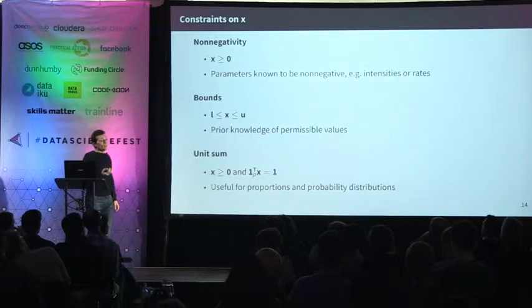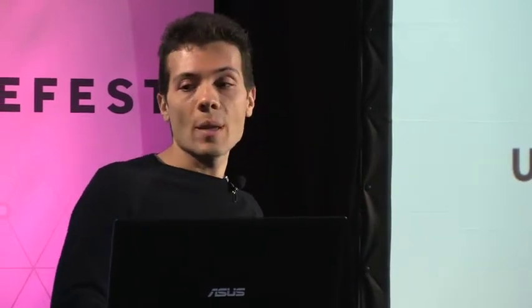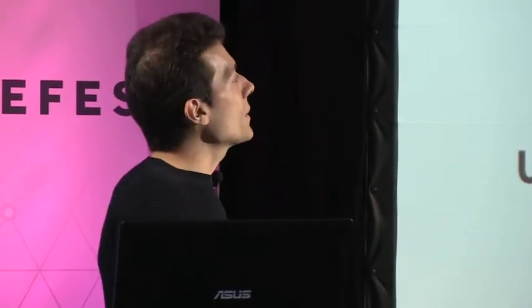But the real reason is that suddenly now you can do things which you cannot do with normal linear regression models that you might have used in statsmodels or scikit-learn or in R. So say that you know that the regression coefficients must be positive because they represent rates, for instance, or maybe they represent intensities or something.